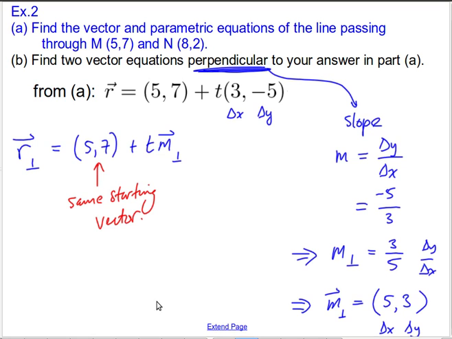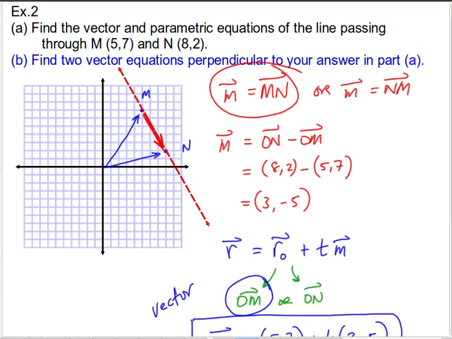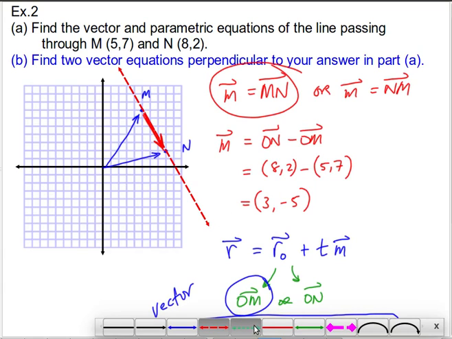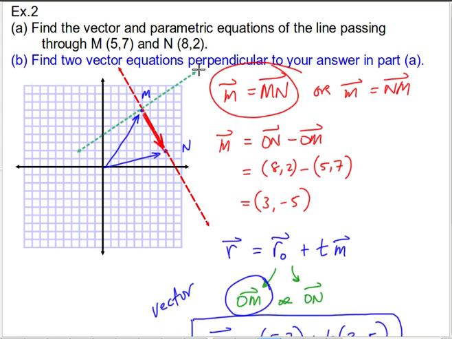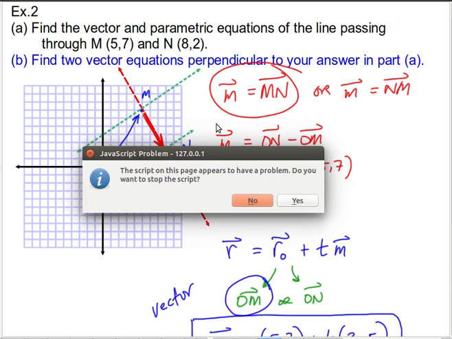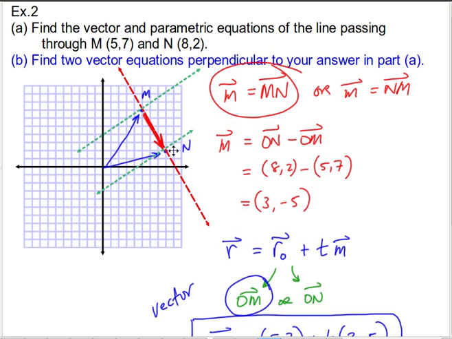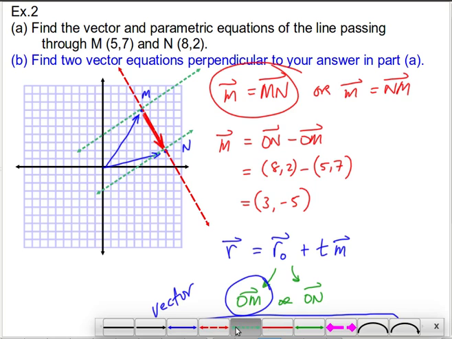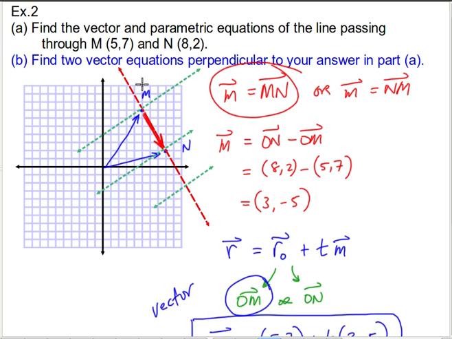Let's go back to our diagram just to illustrate that. We could go through the same starting point, which would give us a line like that. That's perpendicular. But we could also go through the point N, and we could go through any number of other points.